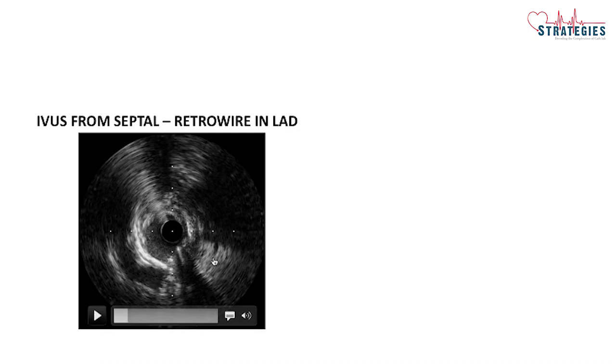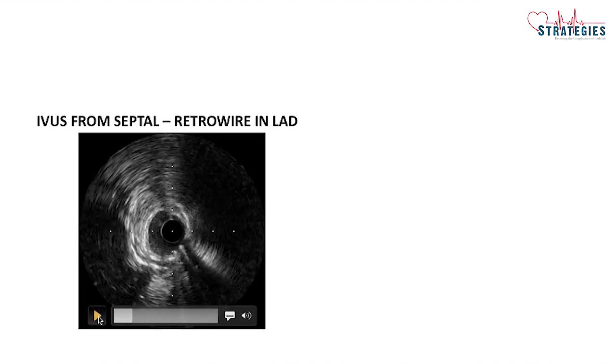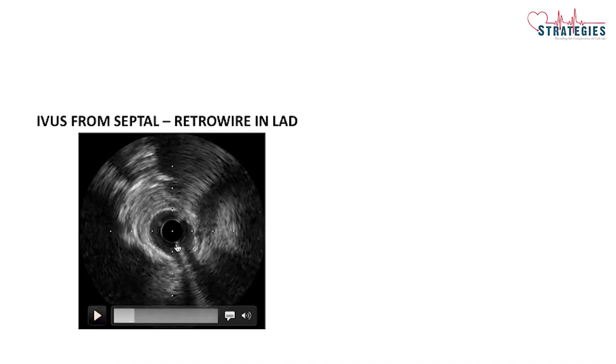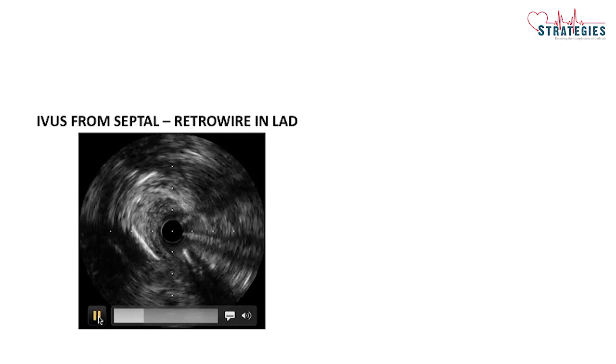That's why all the wires are going subintimal and creating subintimal space, both antegrade as well as retrograde. Now you can see this is the LAD retrograde wire, which is crossing the block and then coming back into the LAD. So now the position of wire is confirmed.